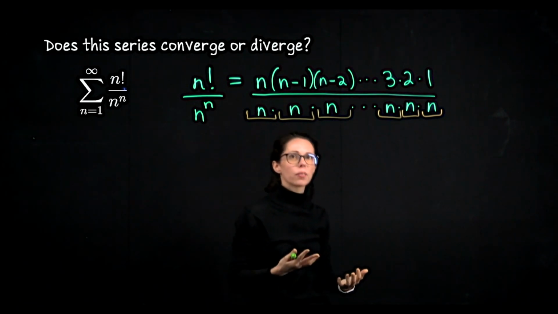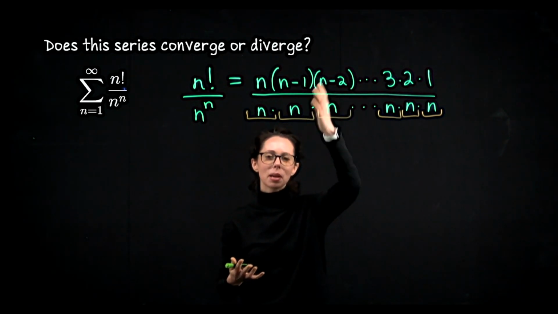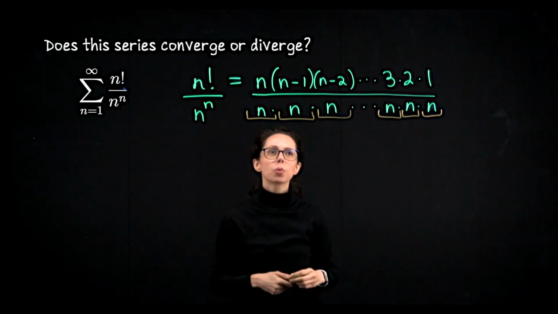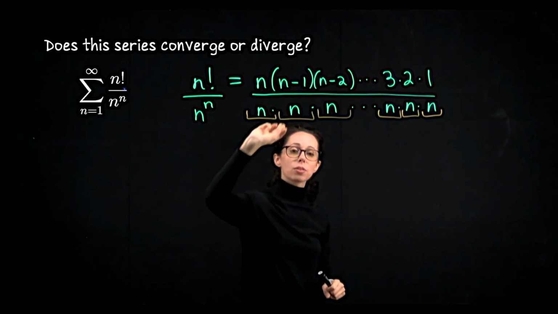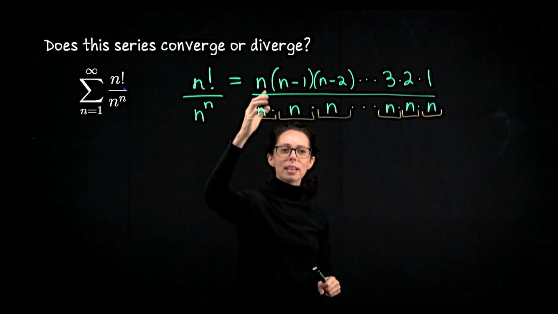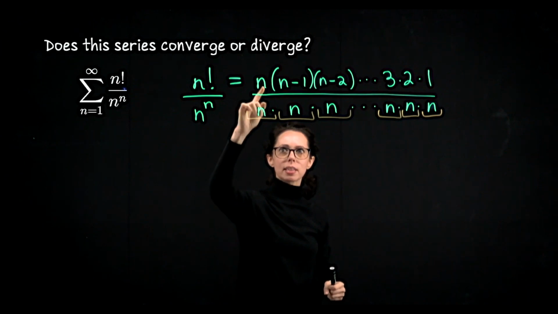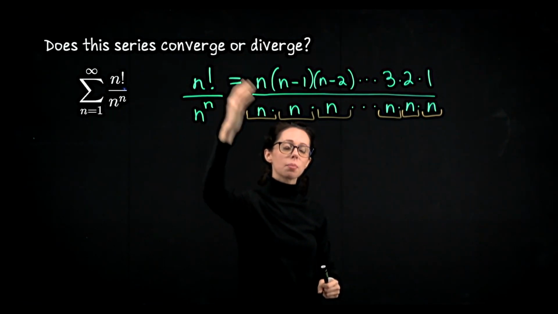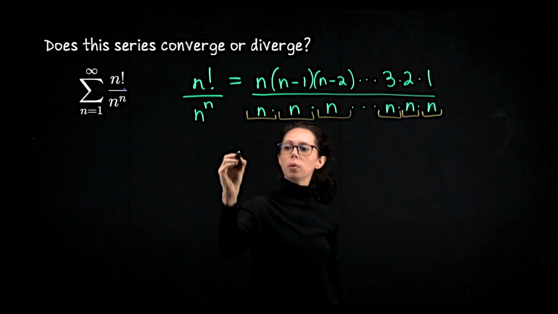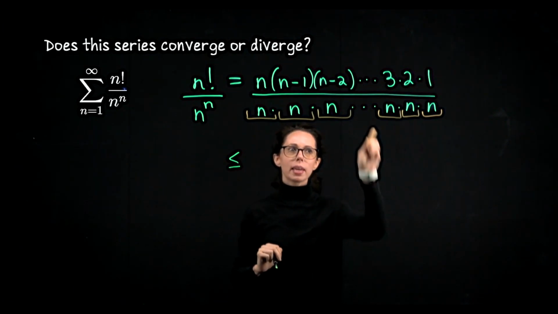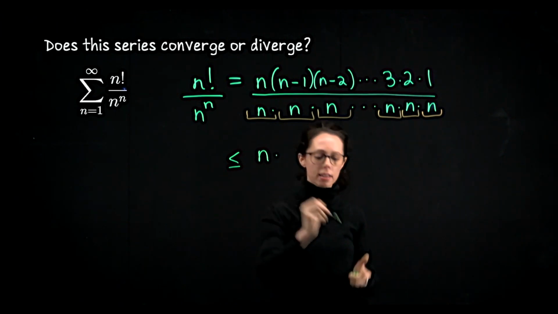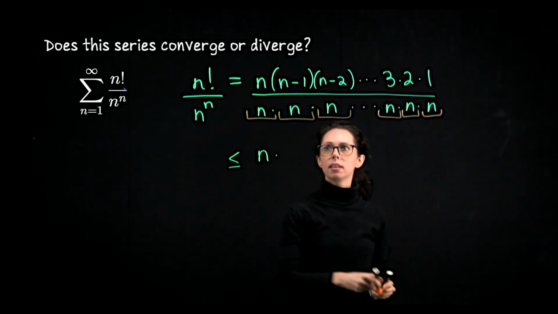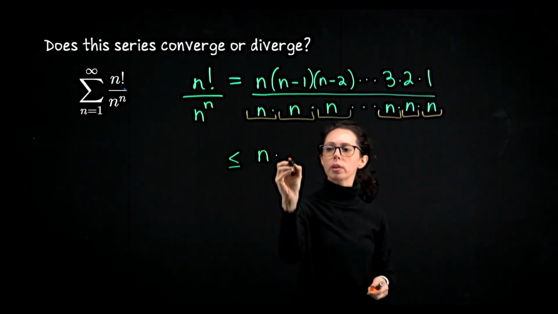So, how could I get rid of them? I could get rid of them if they had the same numbers and I could cancel out. So what I would do here is take each term in the numerator and raise it to n. It's almost like the reverse of what we did in the previous example. So I'm going to take these terms and increase them in size. So we will make our fraction larger by making terms in the numerator larger. In particular, n stays as n, but then this n minus 1 term is going to become n.